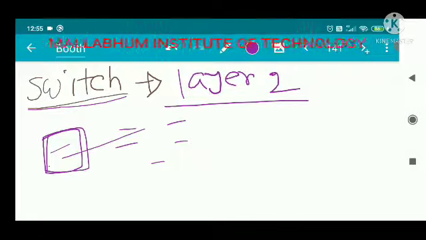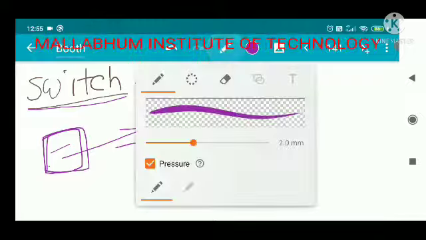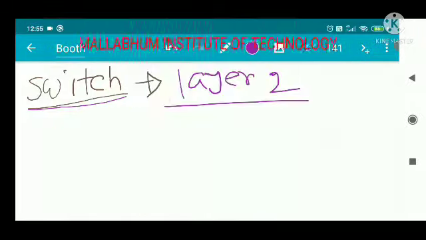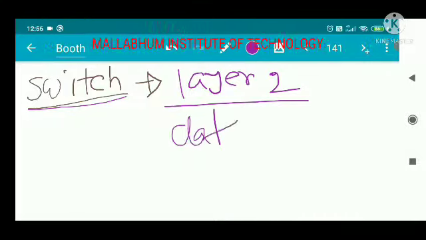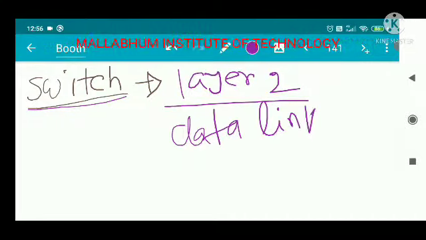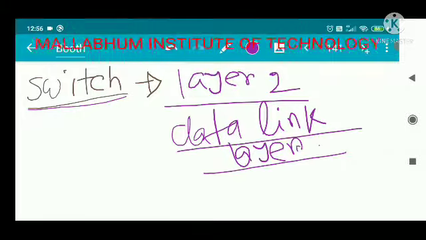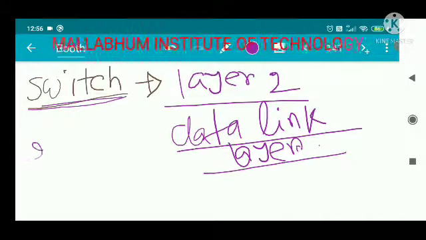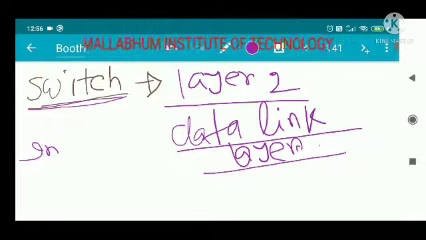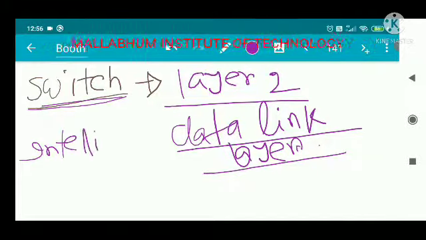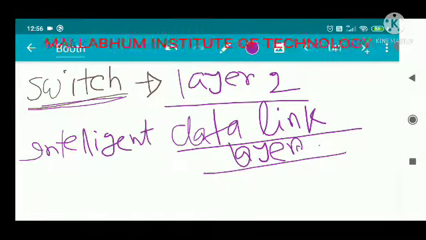Now coming back, the switch is a layer 2 device. Layer 2 device means it operates in the data link layer. The switch is an intelligent device. Unlike the repeater and the hub, it is not as dumb as that. Why is it an intelligent device?